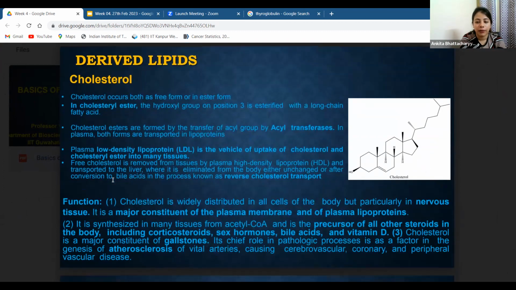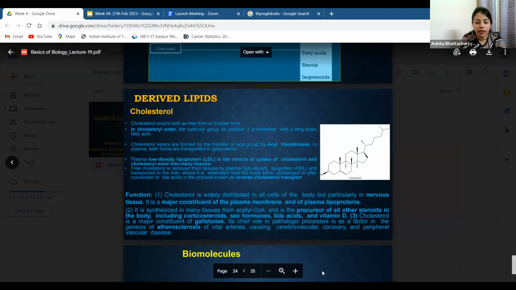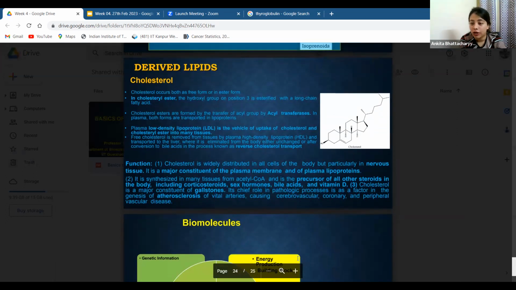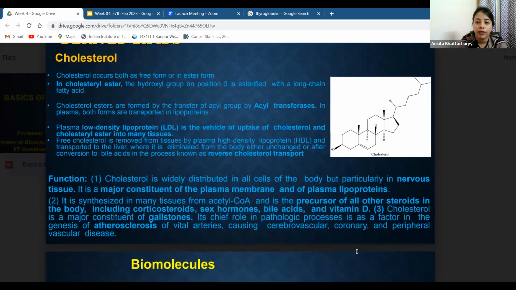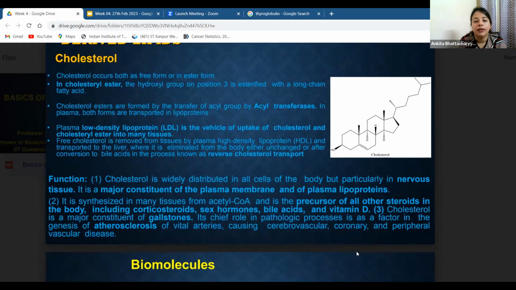And finally, we come to derived lipids, where we have cholesterol. Here only one example has been taken up, cholesterol, which can be in its free or its esterified form, where the hydroxyl group on position 3 is esterified with a long chain fatty acid. LDL and HDL are two major different types, and it has been discussed in detail. It is a very important component of the nervous tissue.